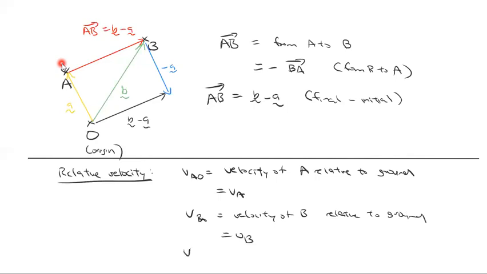Then the velocity of A relative to B, so from B's perspective, is simply VA minus VB. You take away from who you're measuring.